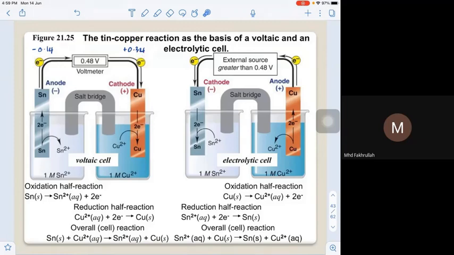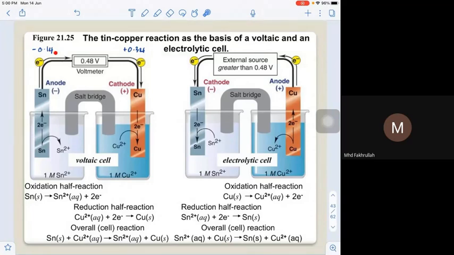From this figure, we observe that Sn, with the more negative E naught value, turns into the negative electrode in this voltaic cell, and the more positive value turns into the cathode of the half cell. When we calculate the E naught cell, it will be the E naught of the cathode, positive 0.34, minus negative 0.14.